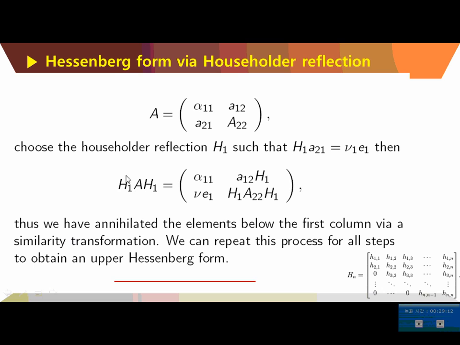So H1 inverse A H1 is this, and H1 inverse is H1 itself. So this matrix and this matrix are similar, unitarily similar. Okay, so the eigenvalue structure of this is the same as the eigenvalue structure of this. So we have annihilated the elements below the first subdiagonal entry in the first column via a similarity transformation. We can repeat this process for all steps to obtain an upper Hessenberg form like this.